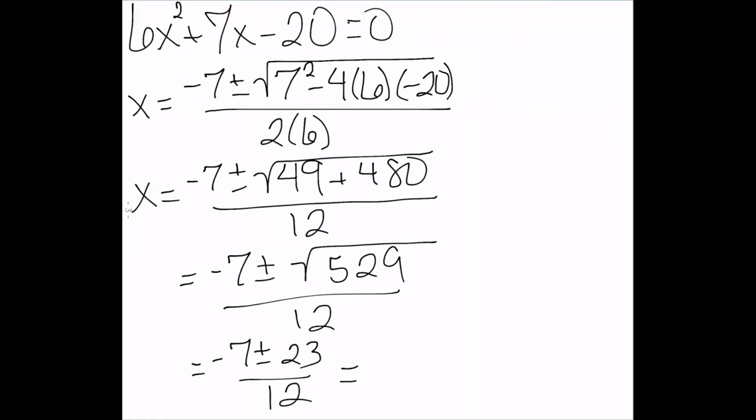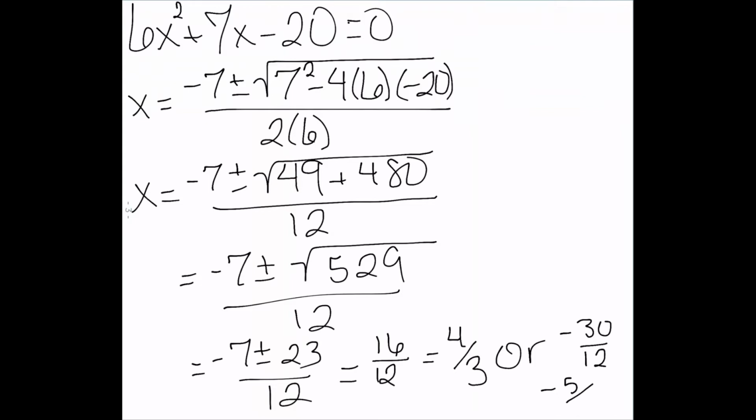Negative 7 plus 23 is 16, so I have 16 over 12, which is the same thing as 4/3. Or negative 7 minus 23 is negative 30 over 12, or negative 5 over 2. So 4 over 3 or negative 5 over 2.